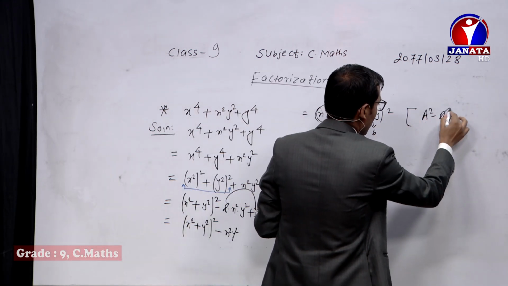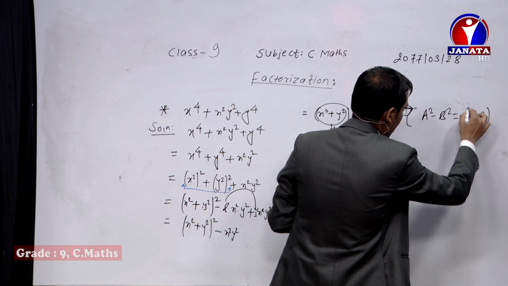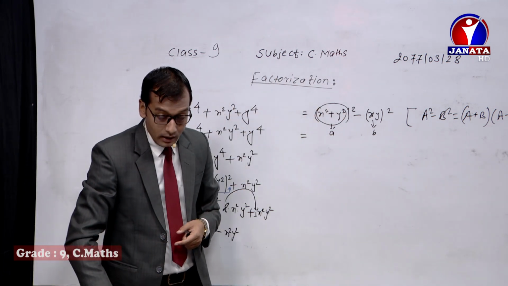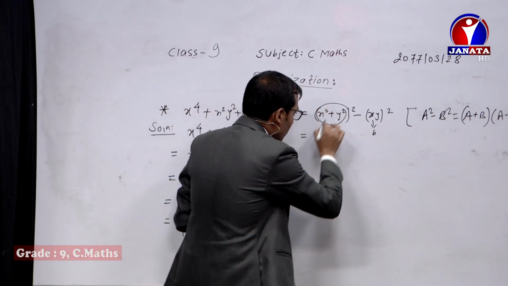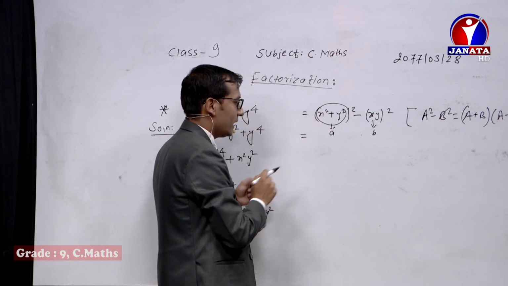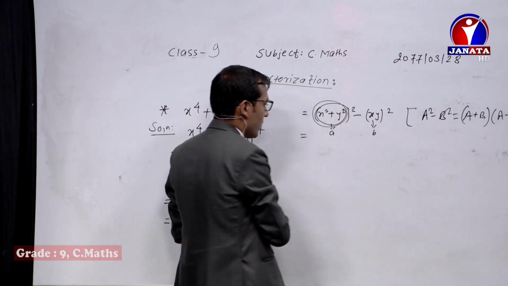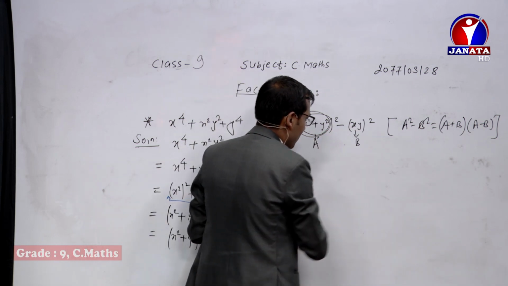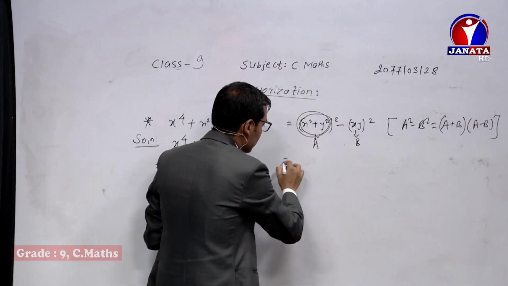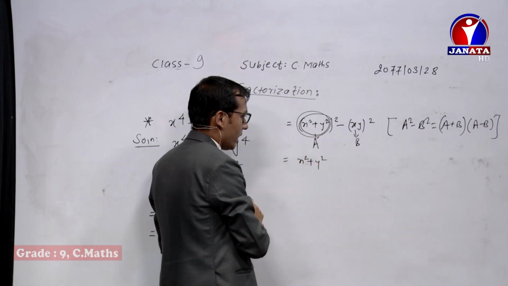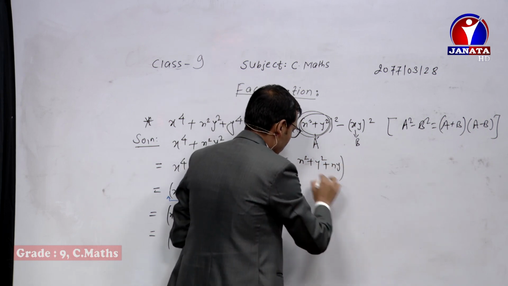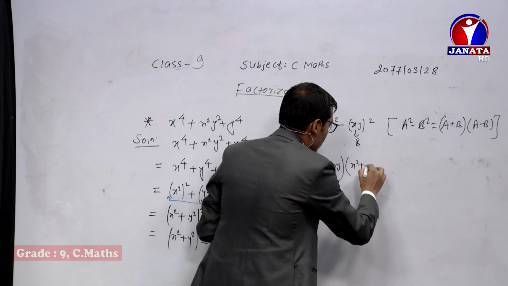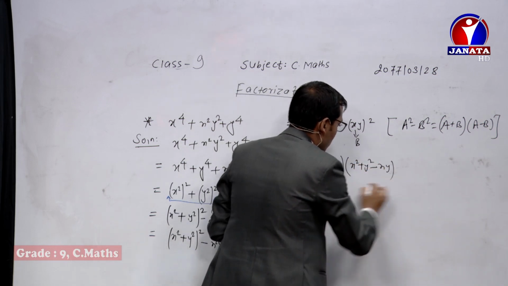So a is x square plus y square, and b is xy. The first factor is a plus b, and the second factor is a minus b, so x square plus y square minus xy.